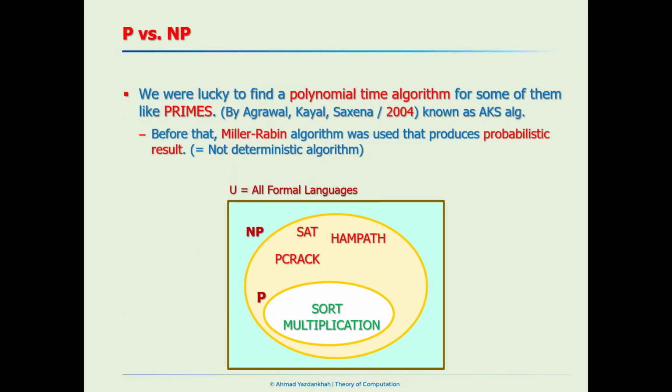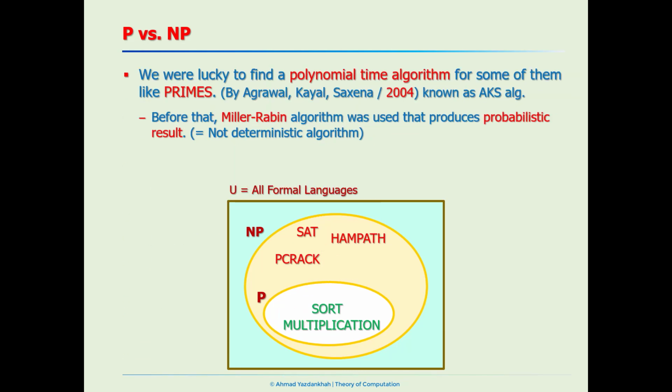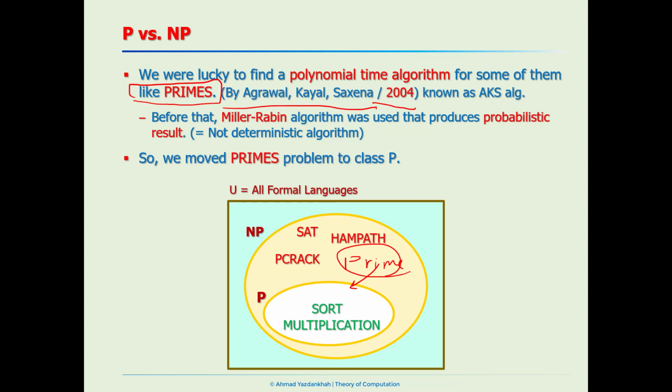But we were lucky that in some cases, specifically checking prime numbers, in 2004 these three guys found a polynomial time algorithm. So it was here before, but then we moved it from here to here.